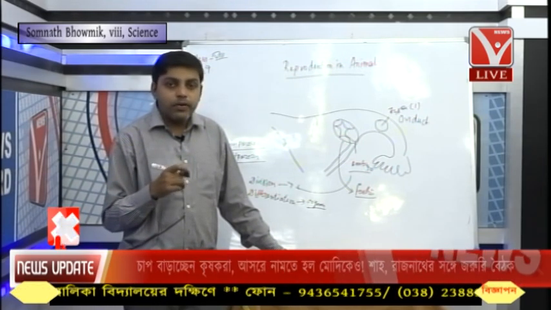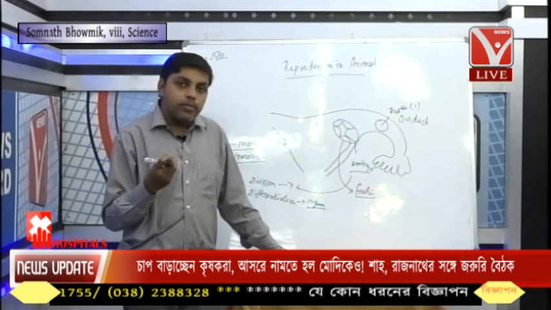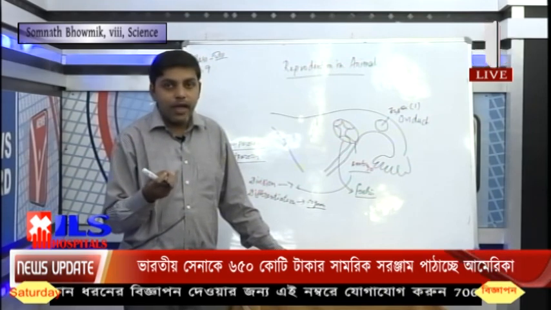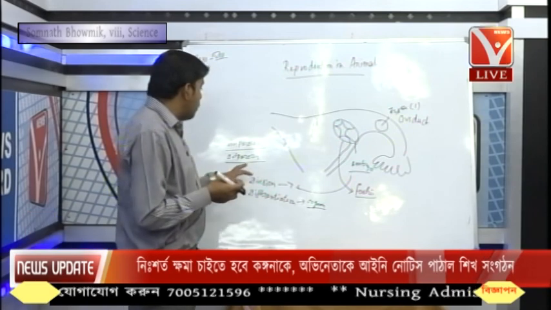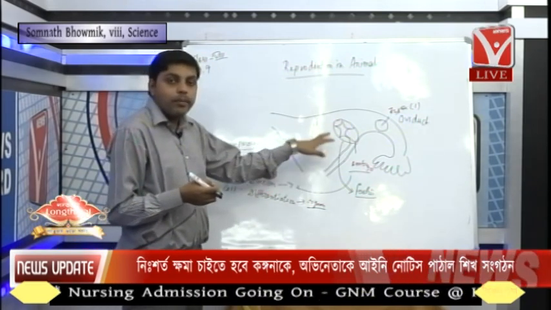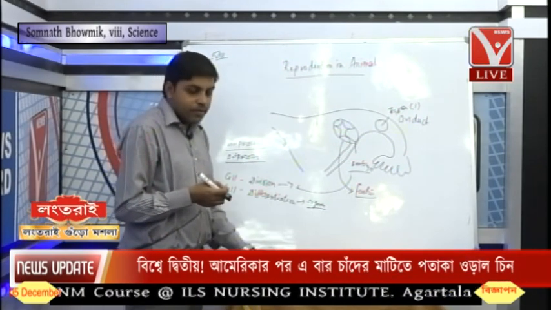And after a particular time, outside the body, the embryo develops, then it hatches and the chicken comes out of the egg. So this is oviparous. In case of human beings, the complete development of the baby takes place within the body itself. Okay.